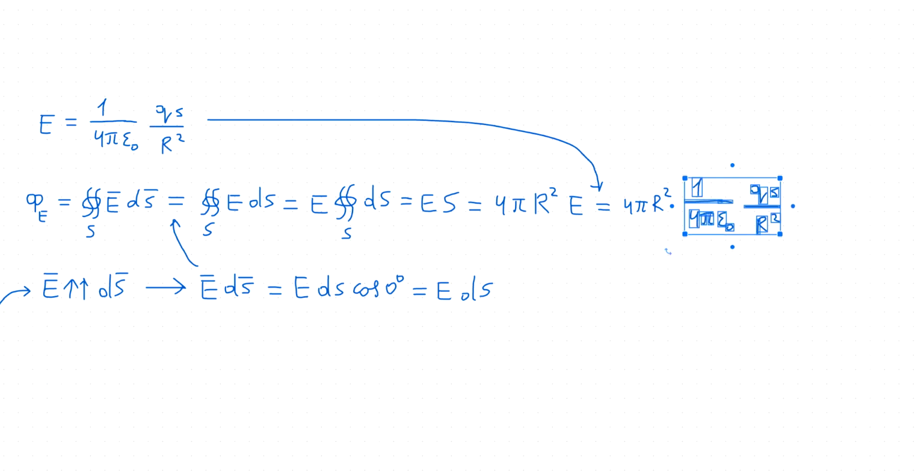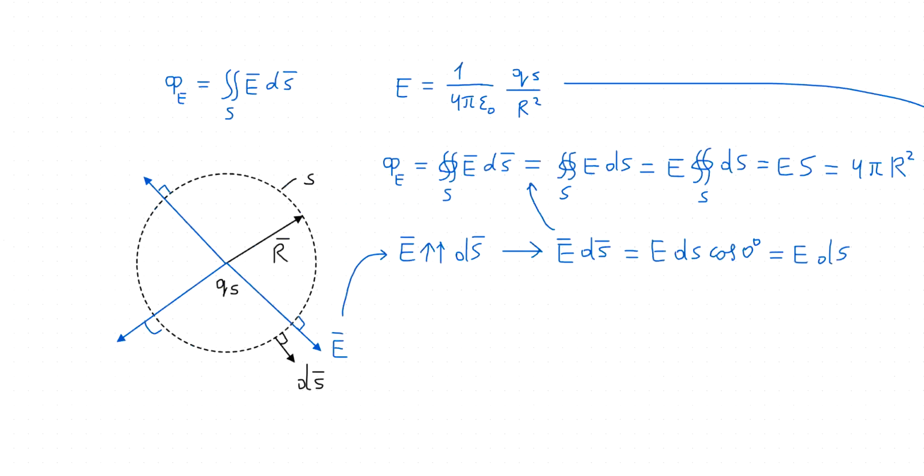And after simplifying, we'll have that electric flux is equal to Qs divided by epsilon 0. So the result doesn't depend on the radius of this spherical surface.